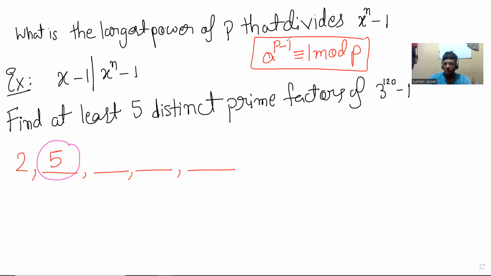So you know that this thing just means that p divides a to the p minus 1, right? That's the utility of this in this context.